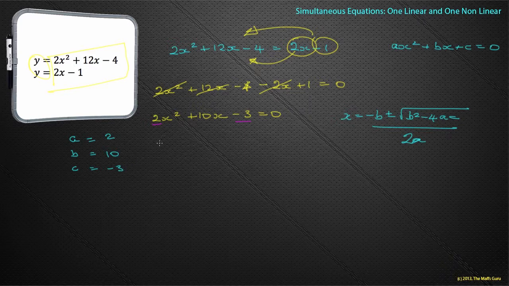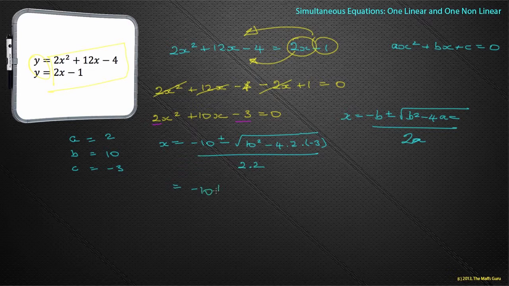So substituting values into the equation, we get minus b, which would be minus 10, plus or minus the square root of b squared, which is 10 squared, minus 4 times 2 times negative 3, all over 2 times a, which is 2.